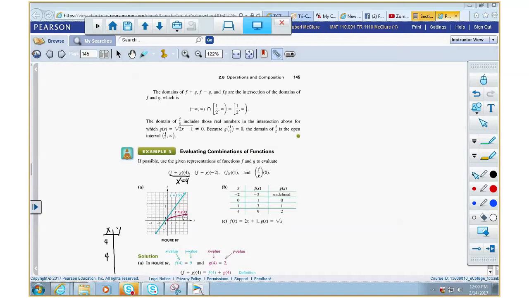So this point right here, x is equal to 2. That point right there is 2 comma what? 1. 2 comma 1, I'm sorry, 4 comma 1. Can't write. 4 comma 1, that's g of x. Yeah, you're right, 2. Thank you. Okay? And then, what's this one up here? 4 comma what? 9.